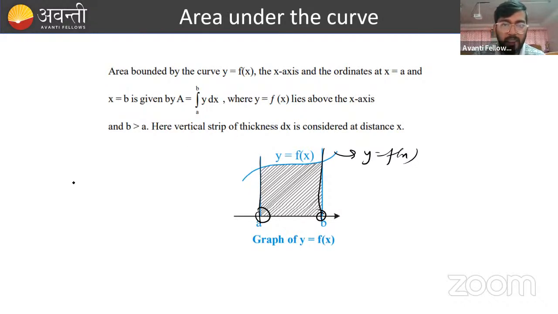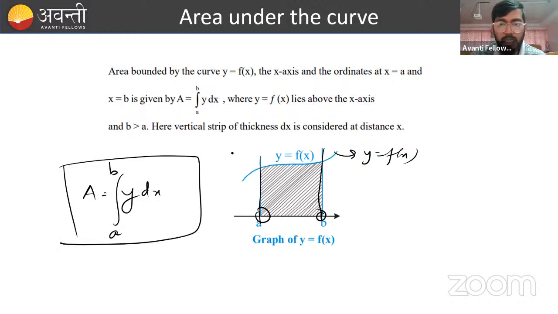So this area can be written as the integration of y dx from a to b. So the area under the curve can be found by this. When is this applicable? When the area is supposed to be bounded by the x-axis and the ordinates.